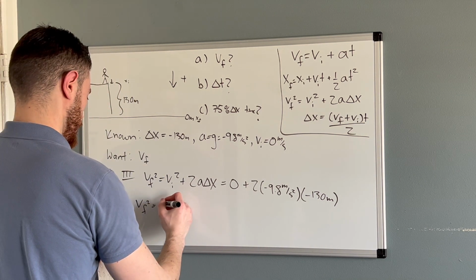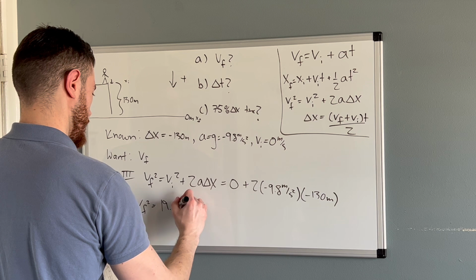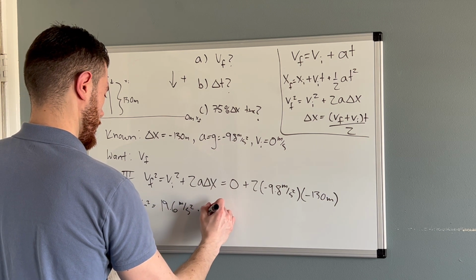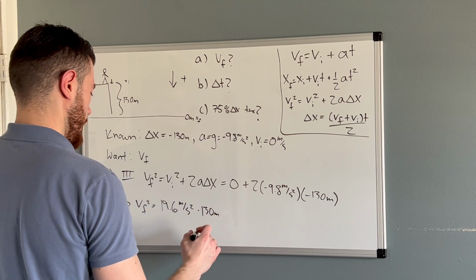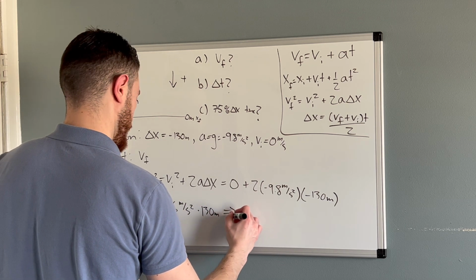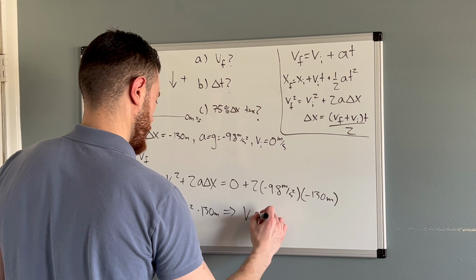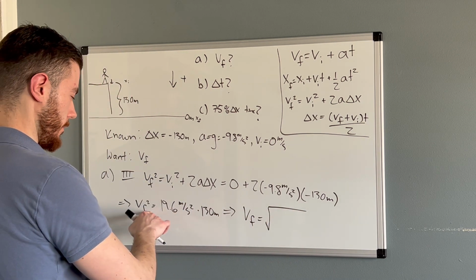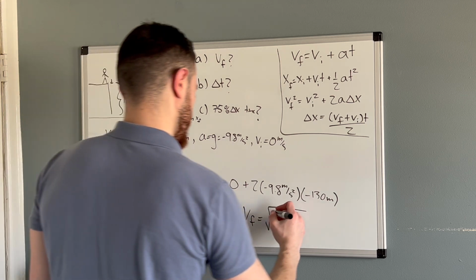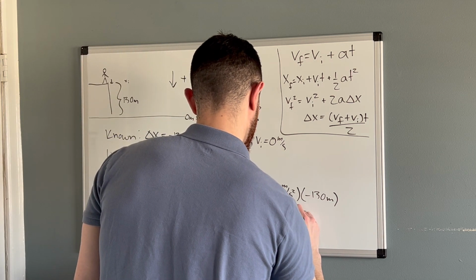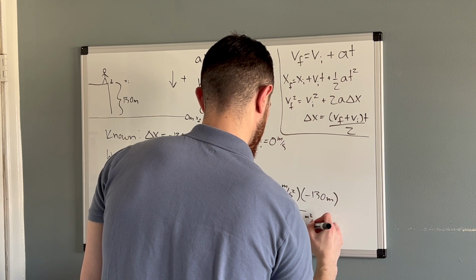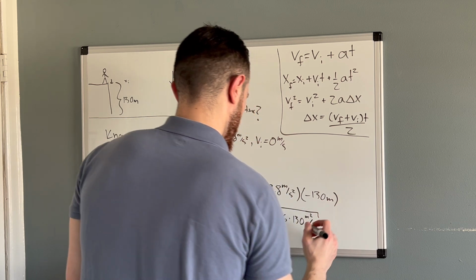So this is going to be 19.6 meters per second squared times 130 meters. So the final velocity, vf, is equal to the square root, right? Take the square root of both sides. 19.6 times 130 meters squared per second squared.